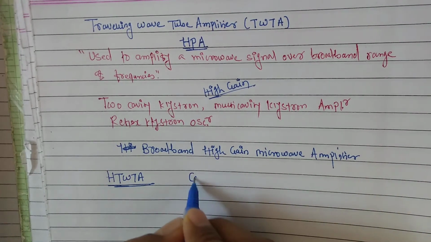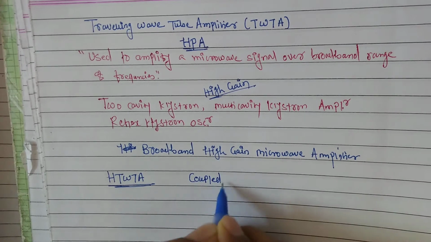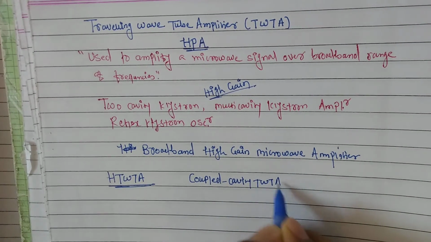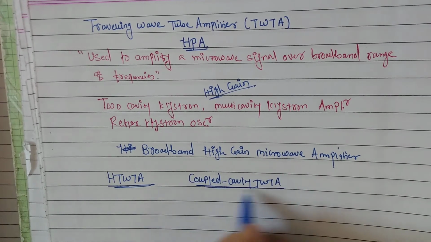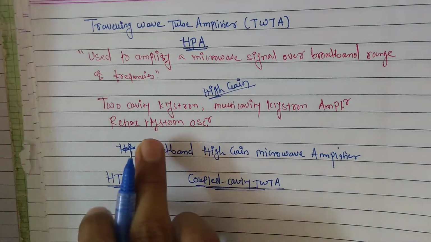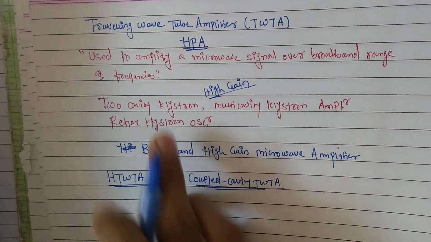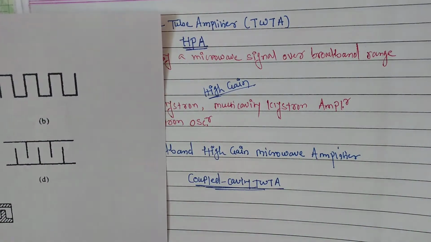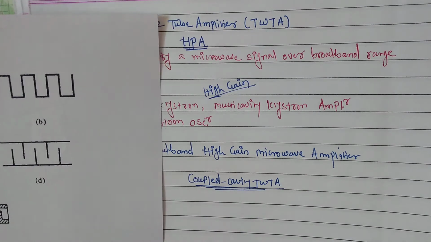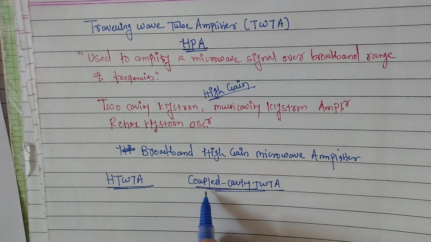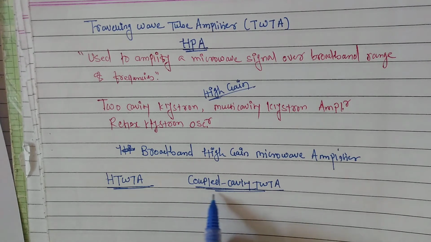Again, we have a type called the coupled cavity traveling wave tube amplifier. In this type of TWTA, as we know, in a multi-cavity klystron or even a two cavity klystron each cavity is independently tuned, but in this case all the cavities are coupled.